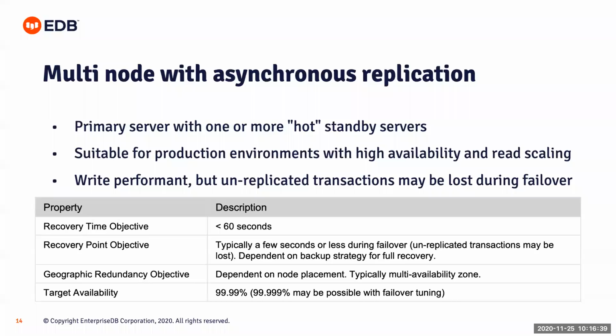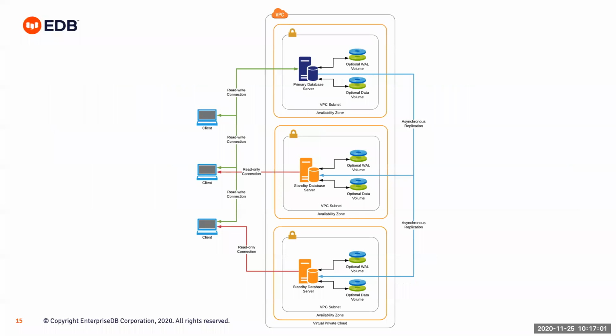Target availability: 4 nines is guaranteed in using our tools. 5 nines is possible if you tune the failover. Again, you run the risk of creating work for yourself by doing this, but if you need 5 nines, then it is possible to do. And it looks something like this.